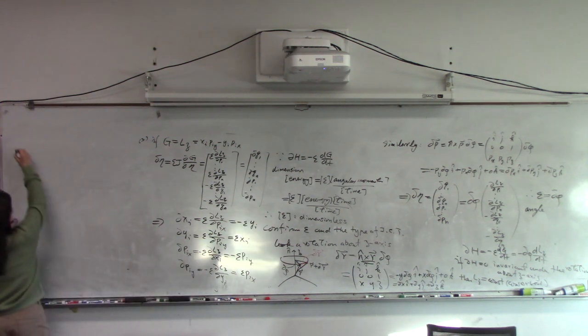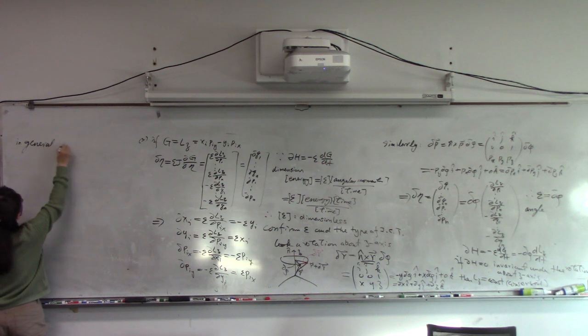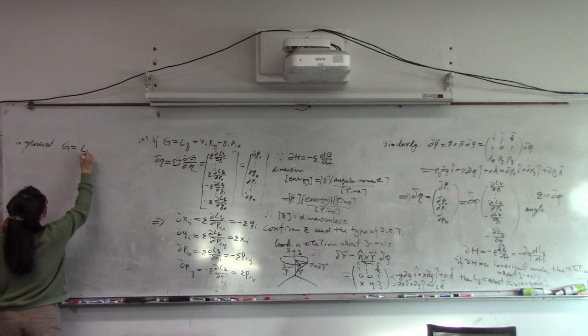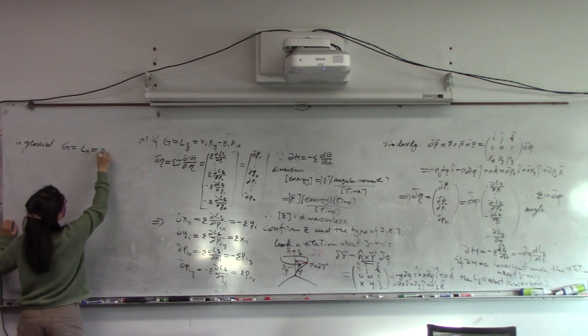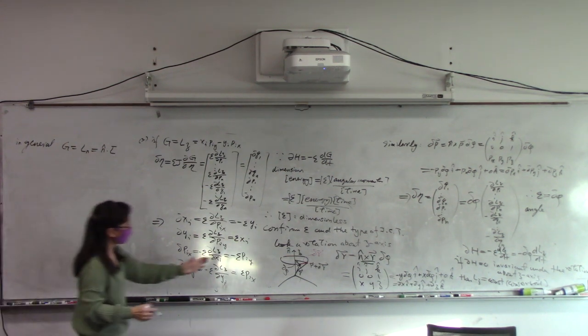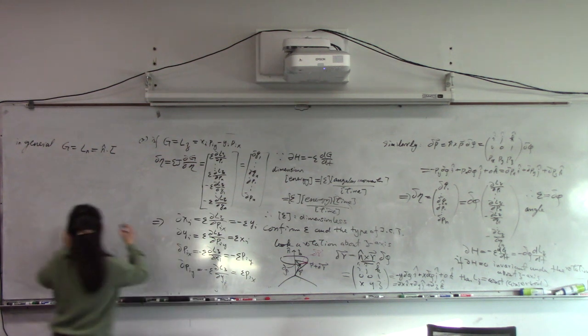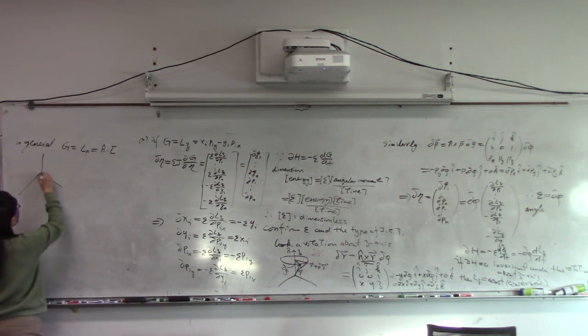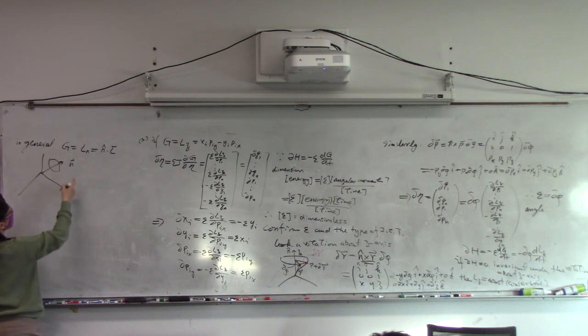In general, G can be along any arbitrary direction n, and the rotation about this, right?